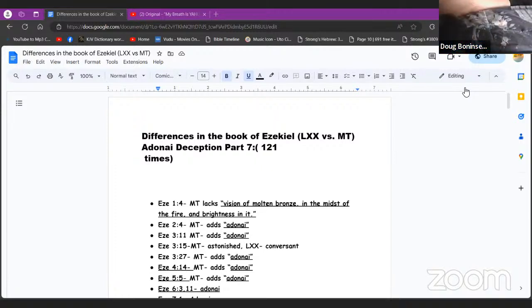I don't know what is going on lately. All right, we're going to try this again here. If I have to, it is properly inserted.